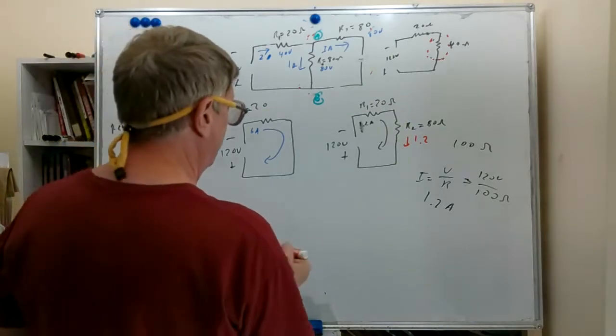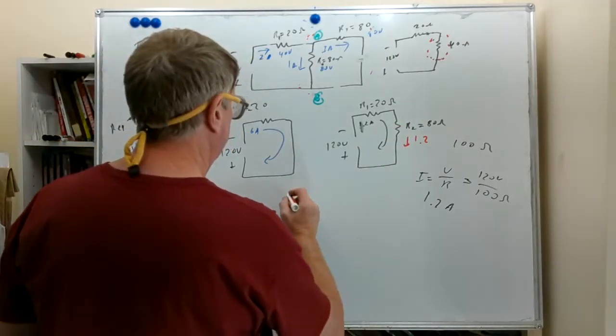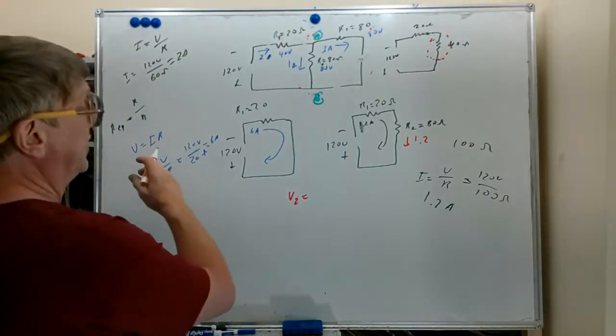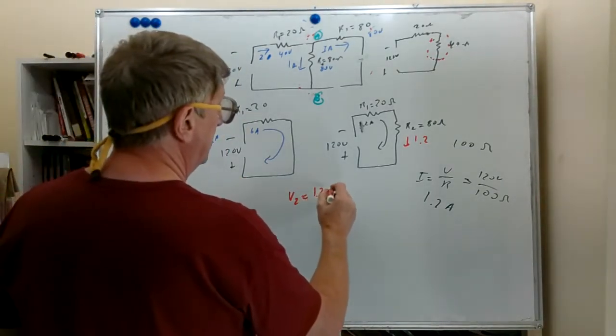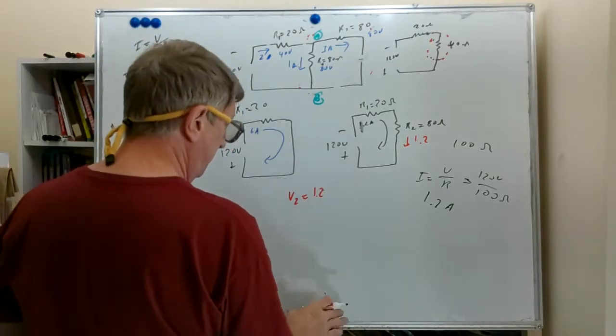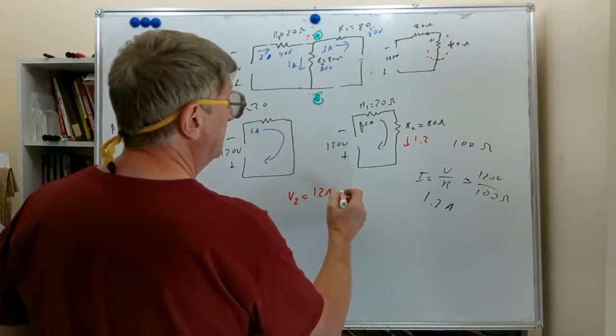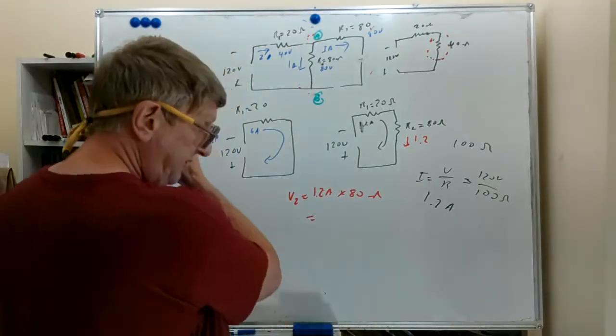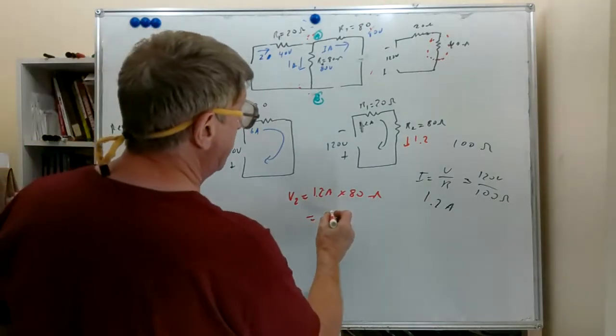Let's see what the voltage is across R2. We'll call that V2, and we'll use our voltage equals I times R, 1.2 amps times 80 ohms. Let's see, that's going to be 96 volts.